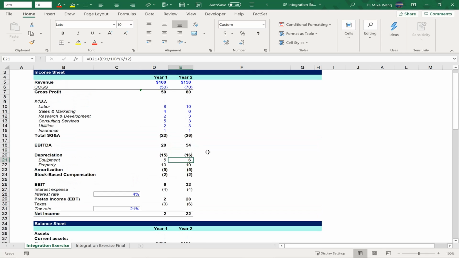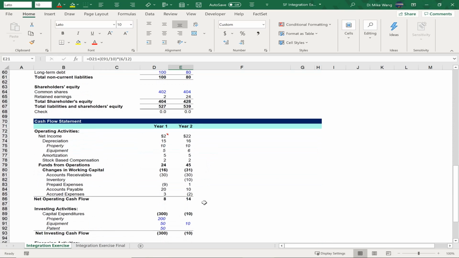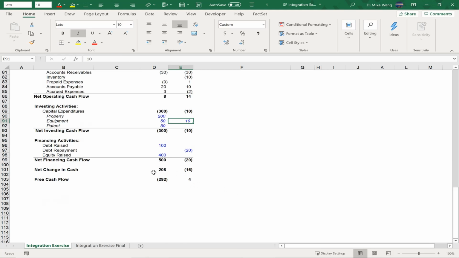As you can see, our new depreciation for equipment is now 5.5, an increase of 0.5 over our prior year's depreciation number of 5, and that includes our new depreciation amount, which is half a year for our $10 addition in equipment. Now our net change in cash is, actually, 16.5. We'll round it down in this case, since it's 16.46, to 16.